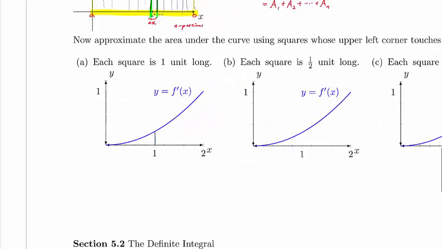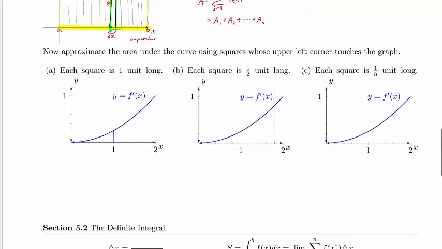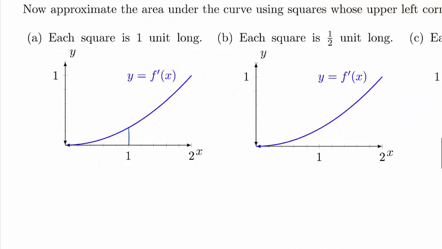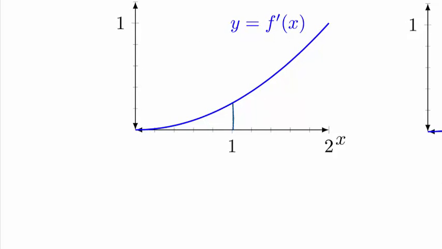And we have the option of the upper left corner, so we're picking the left corner. So that would be right here. Note the area of that is 0. And then we have this one right here. So our delta x is 1 unit long.